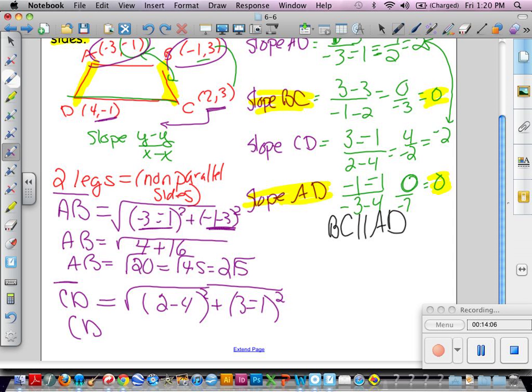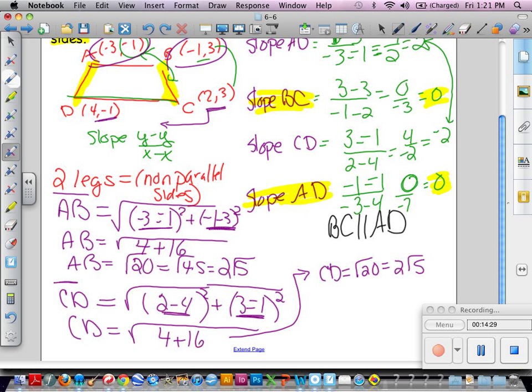Oh, this is making me happy, because negative 2 squared is 4. That's great. 3 plus 1 is 4. 4 squared is 16. So my CD is also root 20, which I'm going to just simplify to 2 root 5 right away.